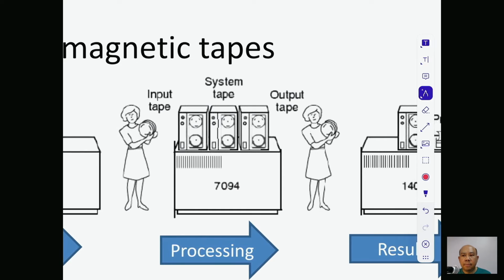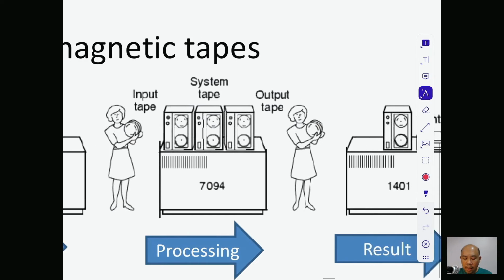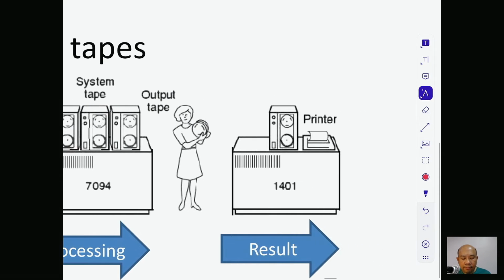So the system runs in sequential processing, and after processing completes, it writes the output to the output tape, and then the data is shipped from the output tape into the printing system, which outputs the report onto paper.